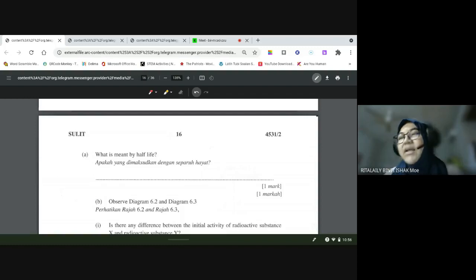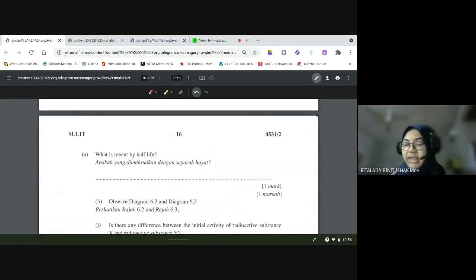Half. Time taken for half of atom to decay. Boleh. Or time taken for the mass of atom to become half. Boleh lah. Okay, for half of atom to decay. Okay, Aishwarya jawab, time taken for half of atom to decay.